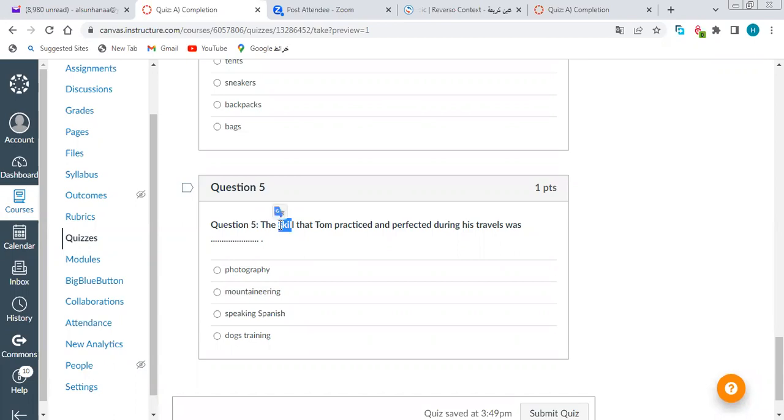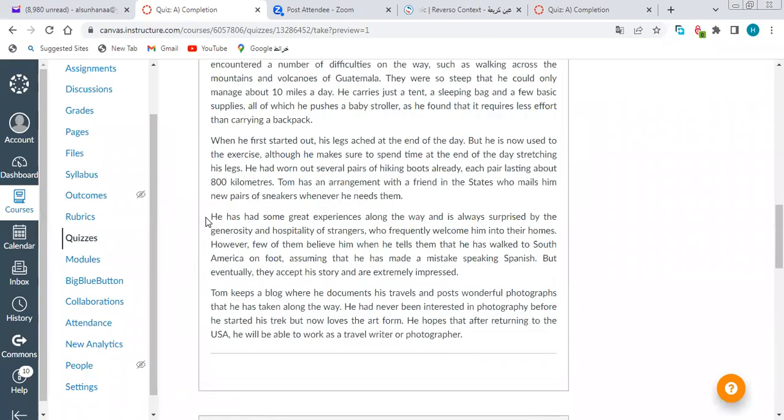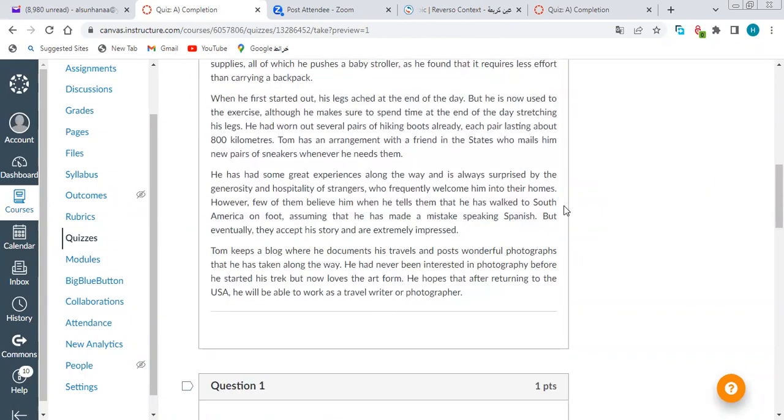Skill, that he practiced and perfected, he mastered it, was photography, mountaineering, I mean mountain climbing, speaking Spanish, or dogs training. You can find it also in the last 3 paragraphs.